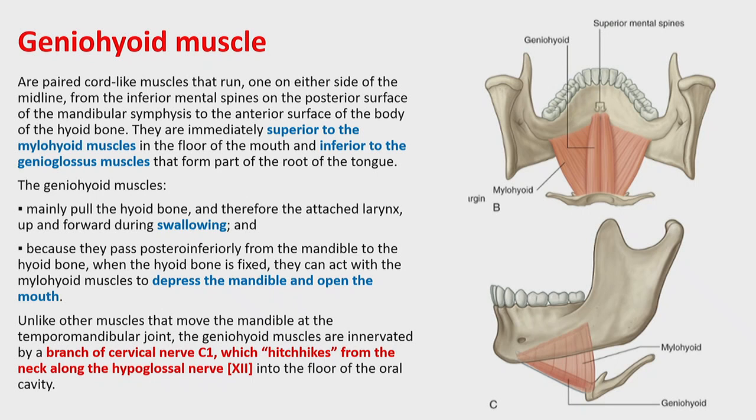And this spinal nerve that is innervating the geniohyoid and one more muscle, which is the infrahyoid muscle, the thyrohyoid muscle, is innervated from the segment of the spinal cord C1.